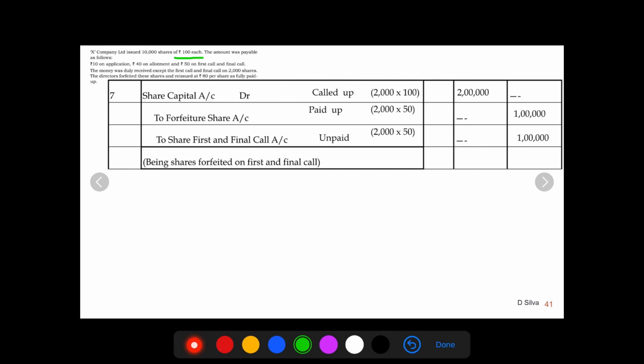Look out for the value of share that is being issued. So let's say in this question it is 100. On first and final call, look out for the money that is being mentioned. So here it is 50 rupees. Reduce this amount, you will get 50. So to break it up, called up is 100, unpaid is 50, paid up is 50 rupees.